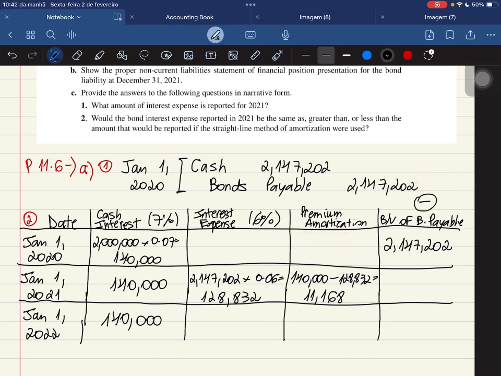So we are subtracting all of the values from the previous book value. And that value is the value that we're going to multiply by 6% again over here.